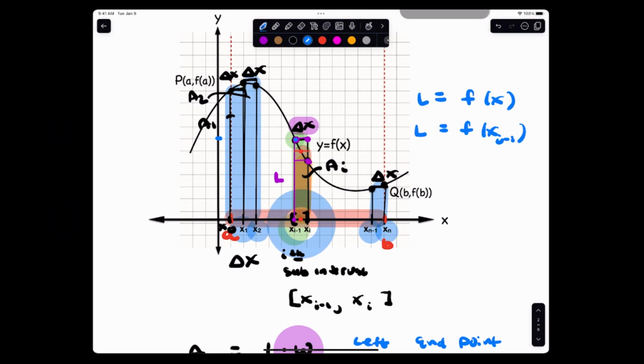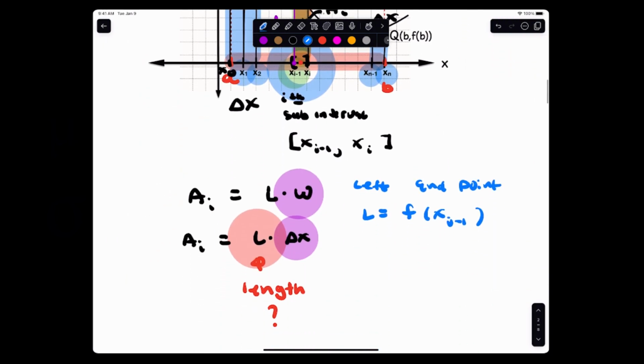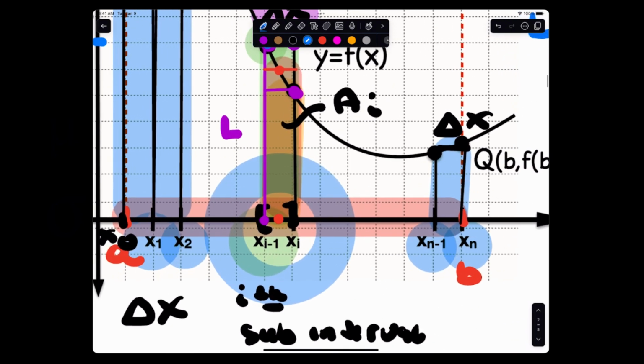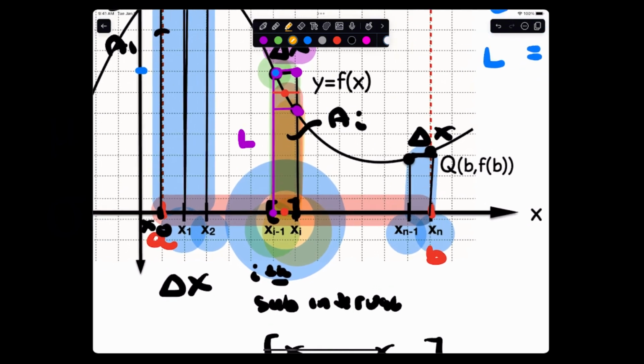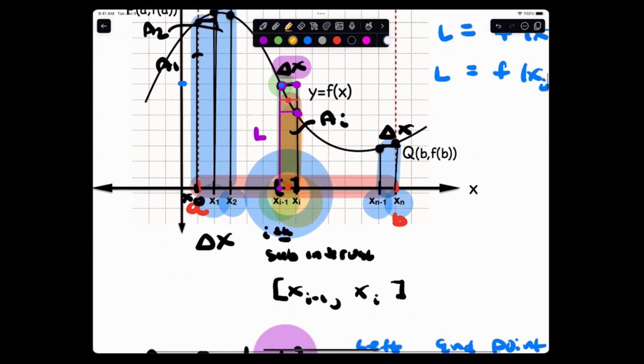And for the right endpoint, what if I use the right endpoint? Here's what's going to happen. If you use the right endpoint of these intervals, the length is going to be f of x sub i here, and the right endpoint is over here, down here in orange. All these colors are getting a little deceiving.